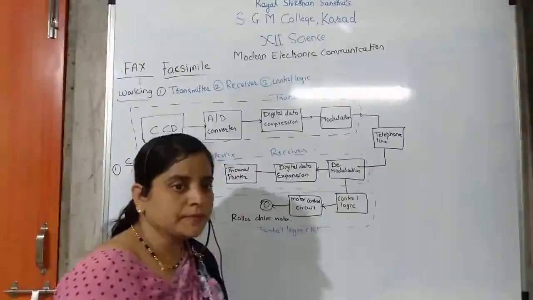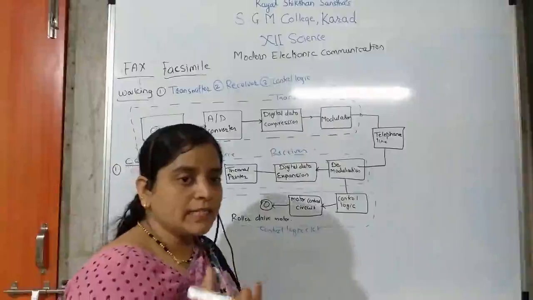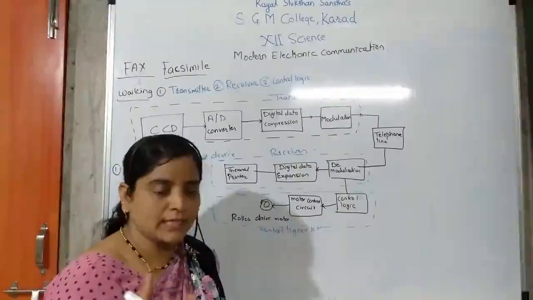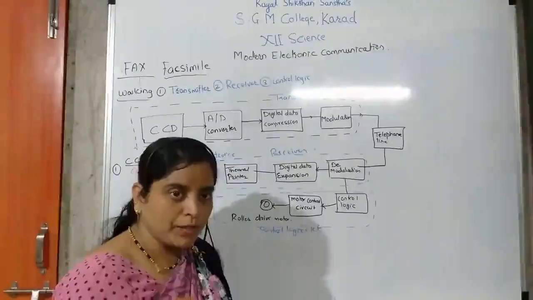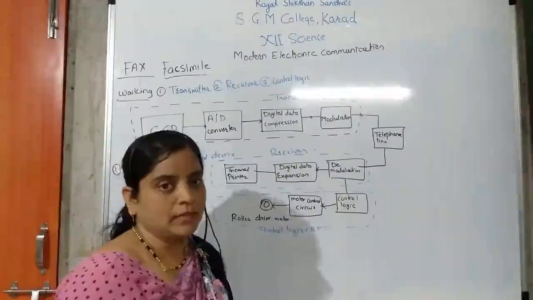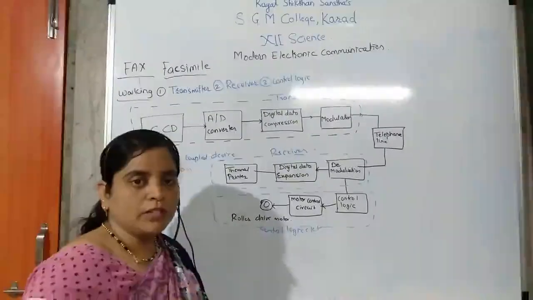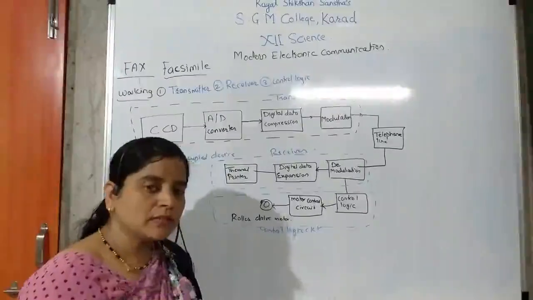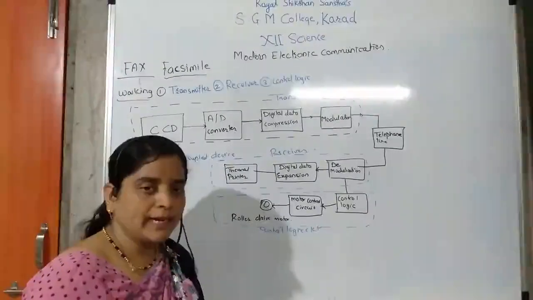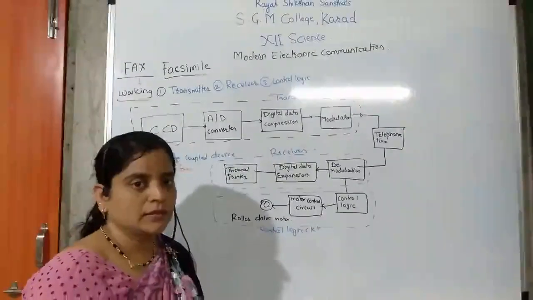So the charge coupled device is a light sensitive semiconductor device that converts varying light amplitude into an electrical signal. Light amplitude always varies, it's not constant, so it catches the varying light amplitude and converts it into an electrical signal.